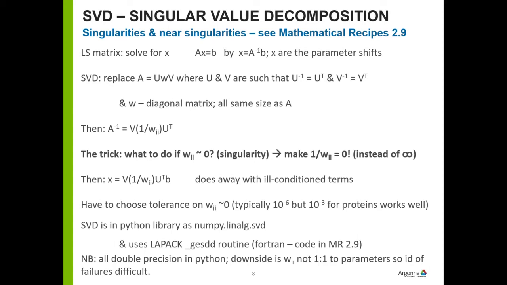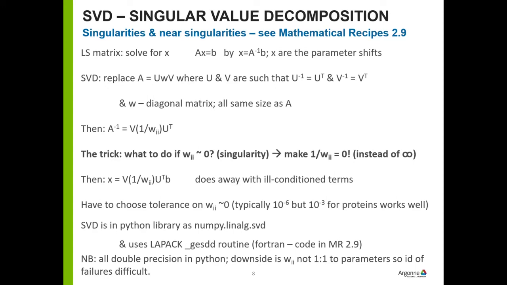And that basically takes that parameter out of the problem. And it does away with all the ill-conditioned terms that you may have. Now, you have to have a sort of tolerance, and W is typically somewhere around 10 to the minus 6 when this happens, to avoid parameters that are in near singularities. The problem with a near singularity in a refinement is if you allow it to go through, the associated parameter will be shifted over into this next province, to use a phrase in Canada.